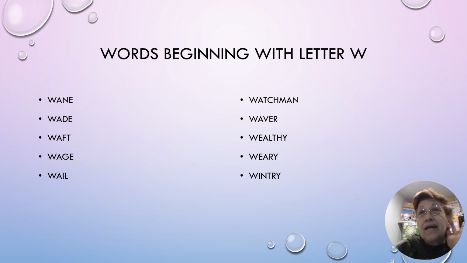Or you could hear the wailing sound of the animals on the farm because of the coming storm. Animals are very sensitive to storms, so they might start to make all kinds of sounds. So, wailing.